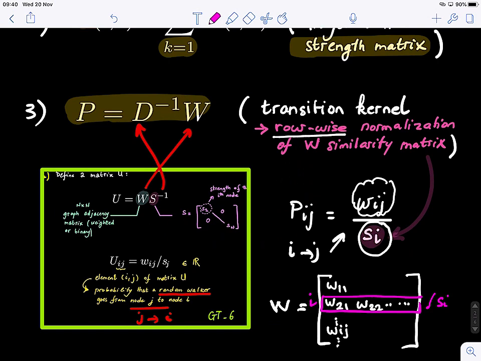That's why we call it row-wise normalization. And in such a way, we get our transition matrix. So this represents what? You guys remember? Probability. Very good.